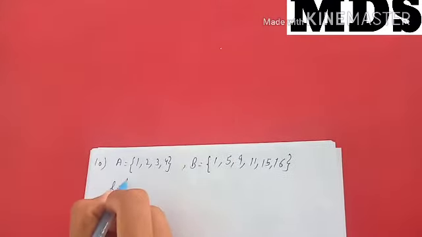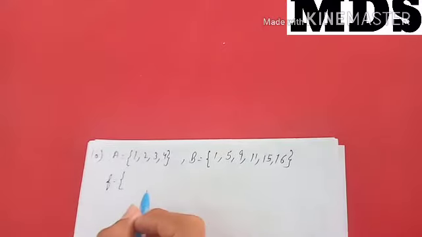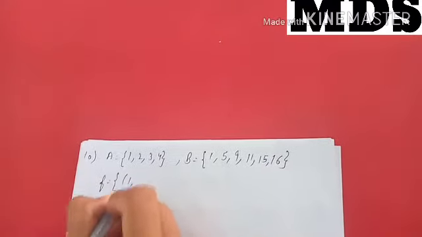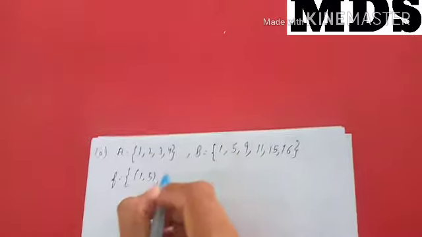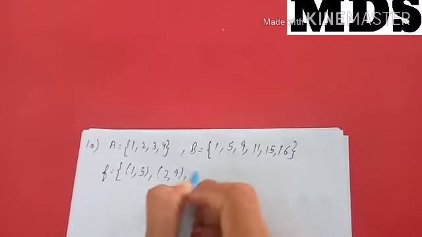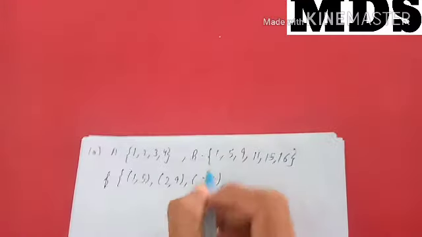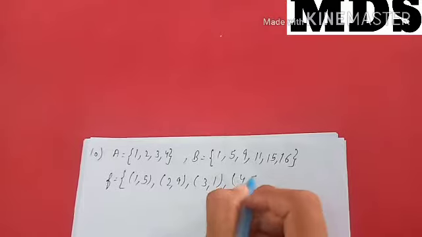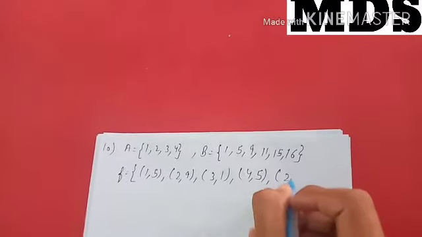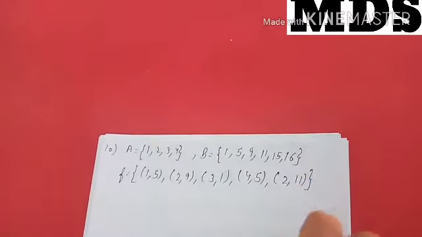And F is given to us, the Cartesian product of these: (1, 5), (2, 9), (3, 1), (4, 5), (2, 11). Okay.